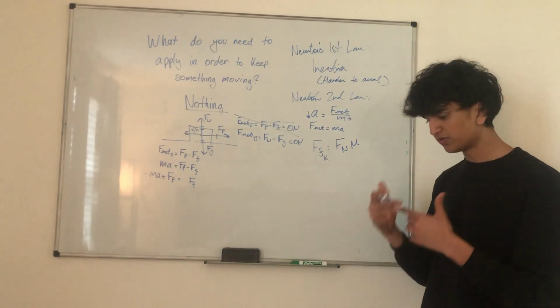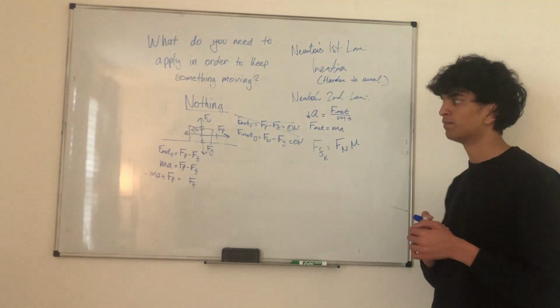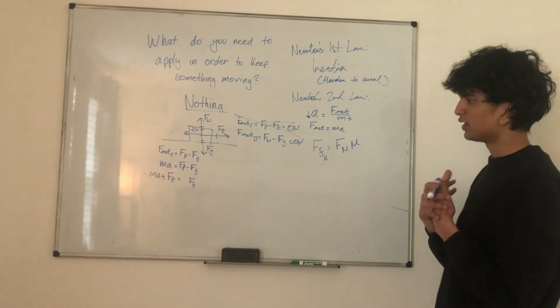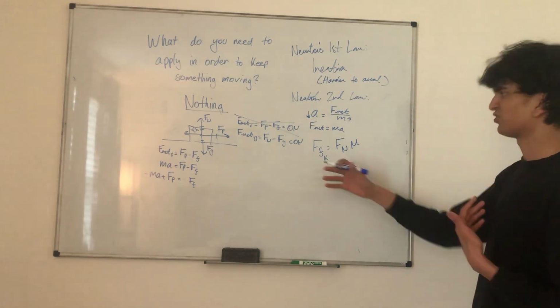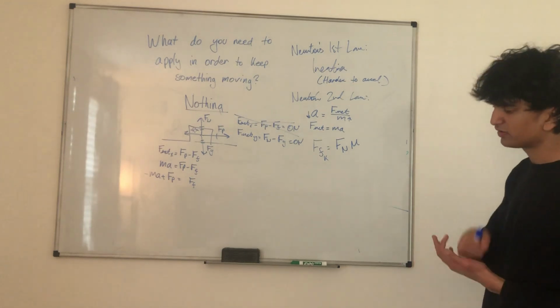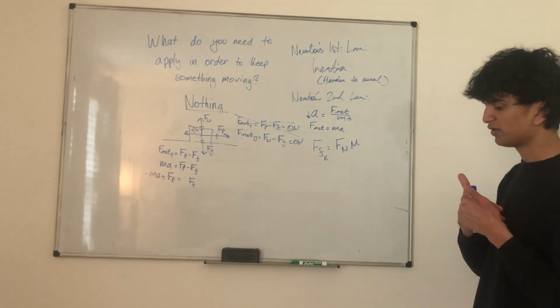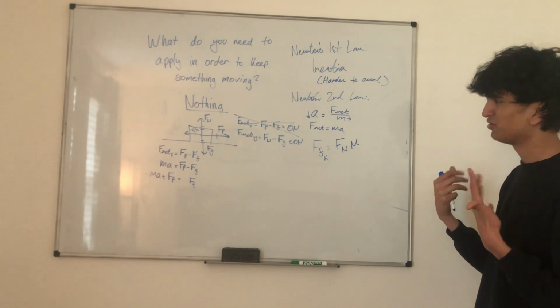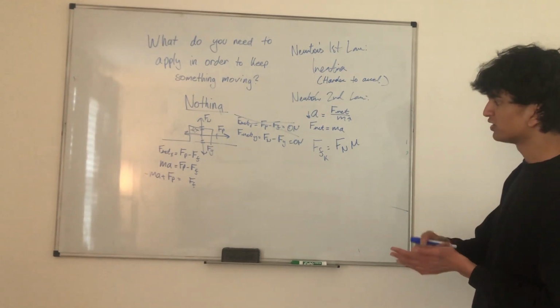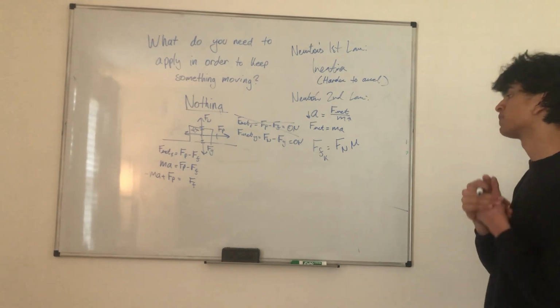If you have less mu, it's more slippery. We've dealt with mu a lot. And it makes sense that force friction increases with force normal, because if your force normal is bigger, it's compressing the ground more. I don't know if that's the right term, but it's pressed down more, so the friction is going to be a little bit stronger.